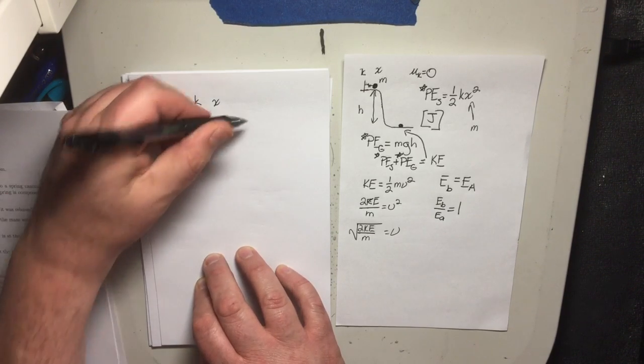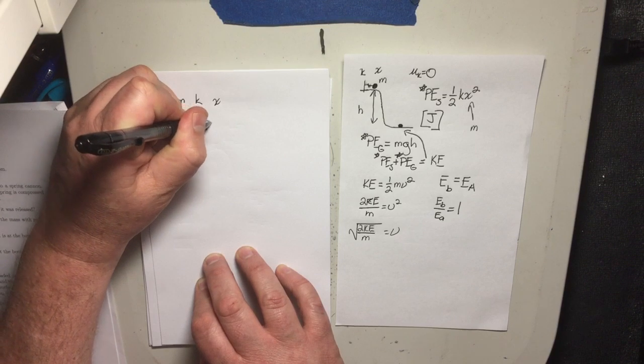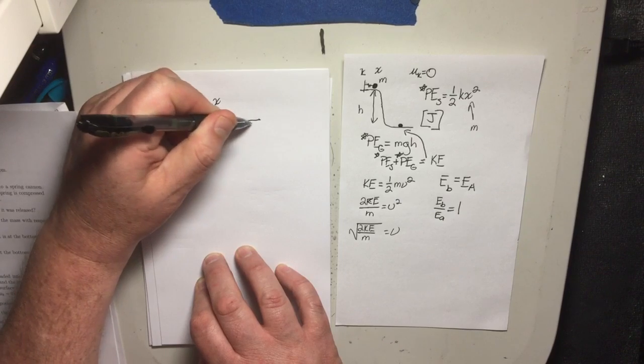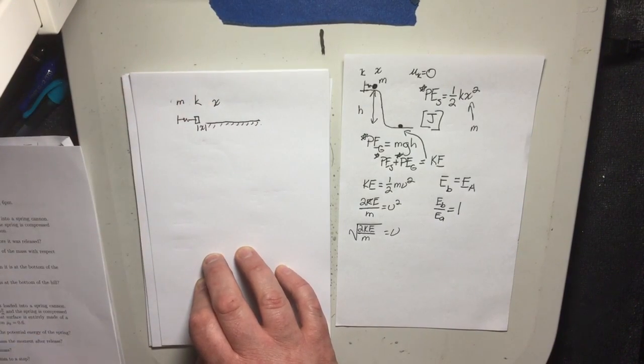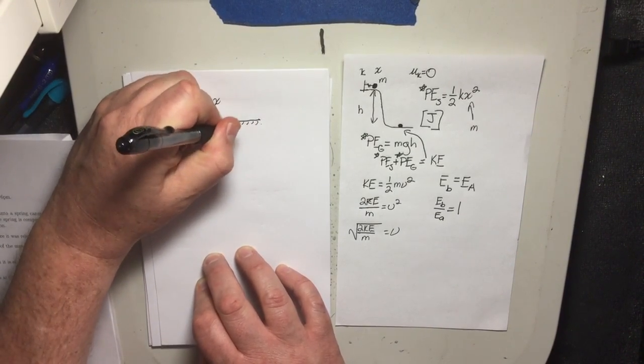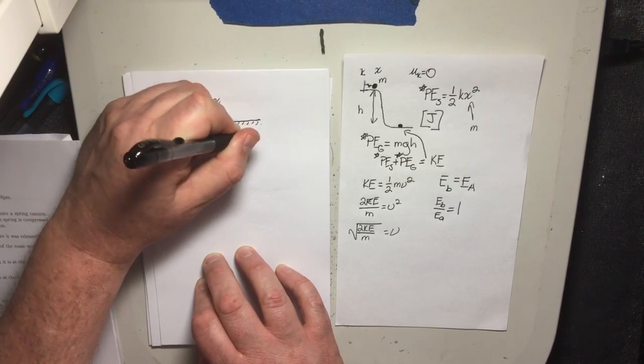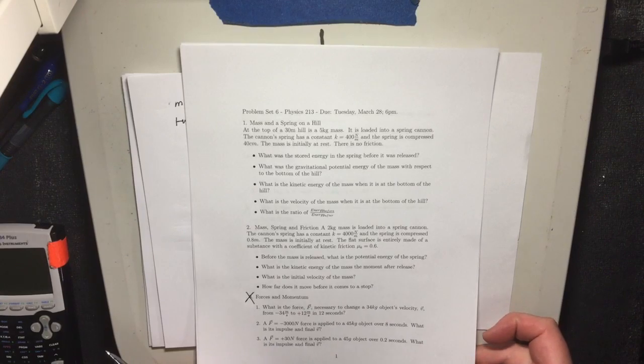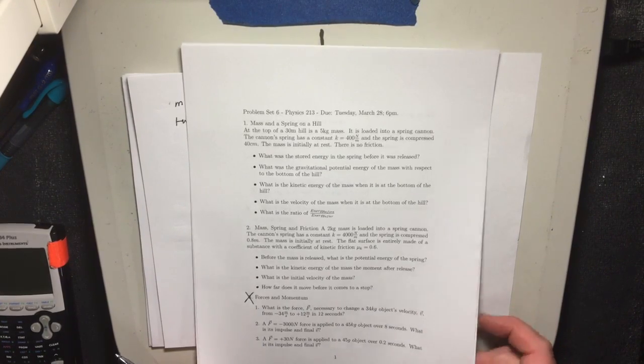Once the spring is released, it crosses a surface where the coefficient of kinetic friction is 0.6. And just so we have a visual record, those are the problems that we're doing.